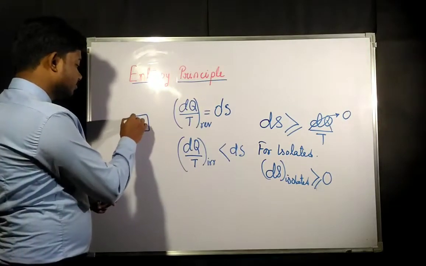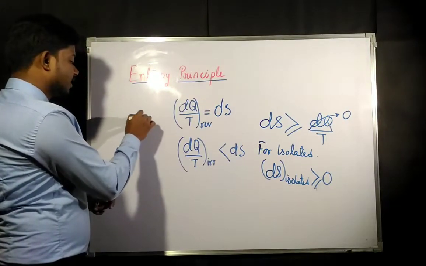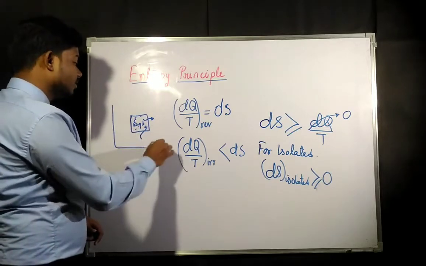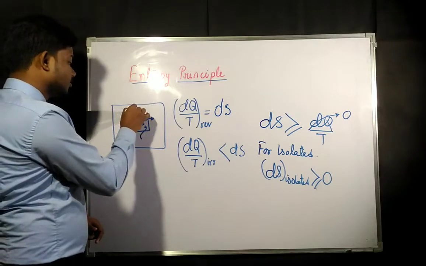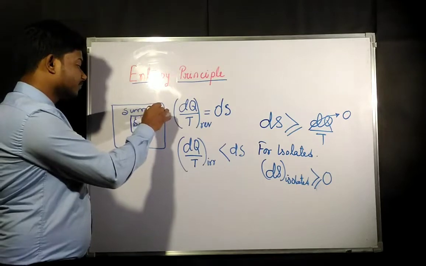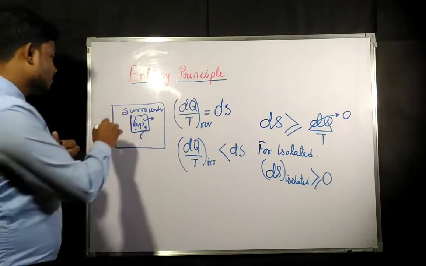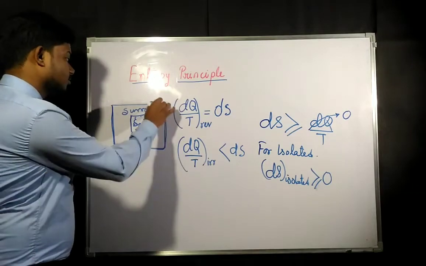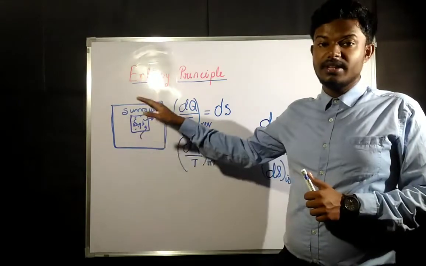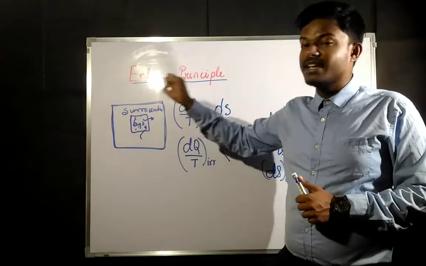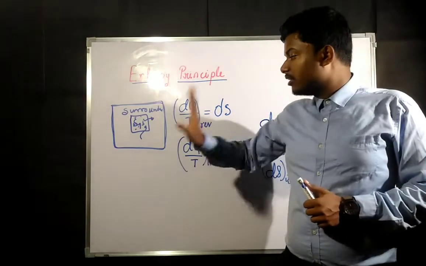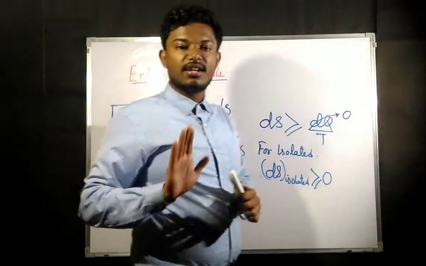If this is a system, and mass transfer and heat transfer take place, this transfer is only with the surrounding, but this is the complete universe. Whatever interaction is taking place is inside the universe only. Outside the universe there is nothing. So the universe is considered an isolated system.